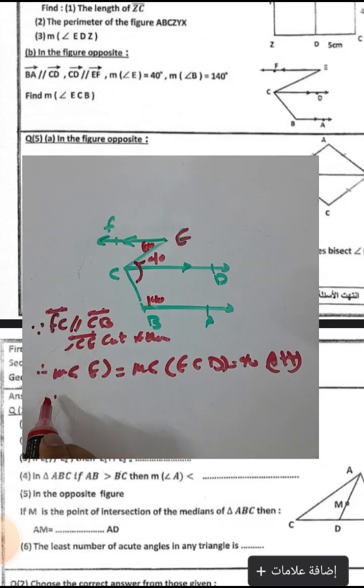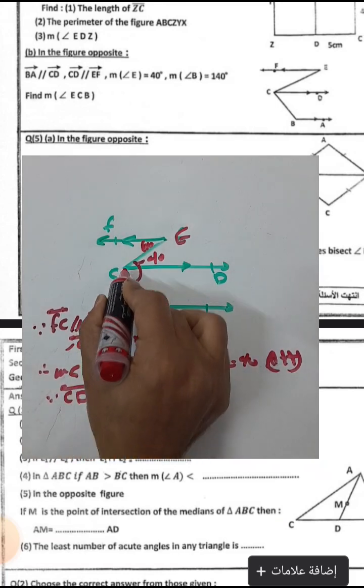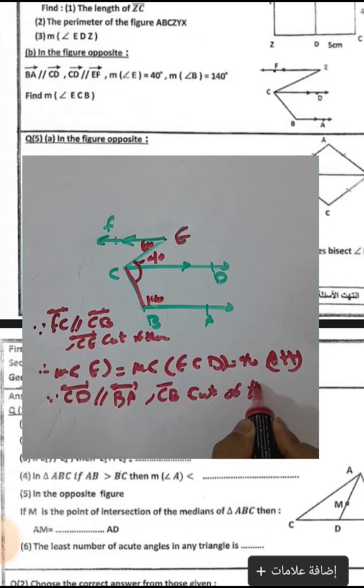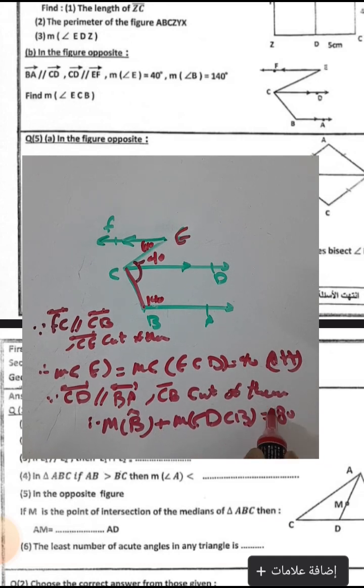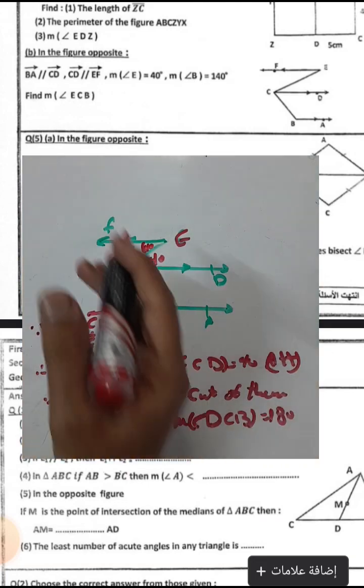And then CD is parallel to BA, and CB cuts them. Then the measure of angle B plus the measure of angle DCB equals 180. We call these supplementary angles because the two angles are on the same side of the cut line.